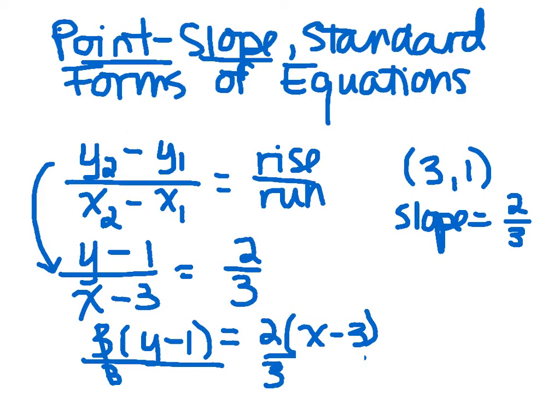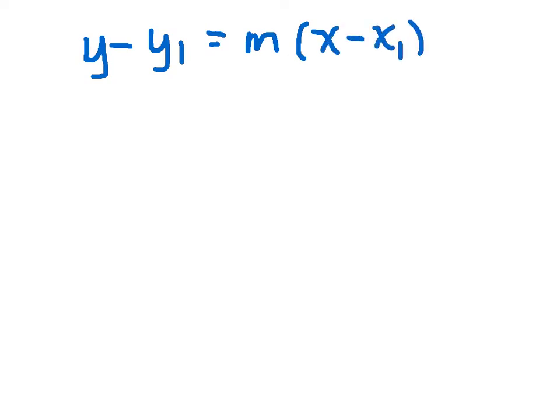So it's any y, the general y, minus the y you're given, is equal to the slope times x minus the x you're given. The general form is y minus y sub 1, that's the y that you're given, is equal to the slope times x minus x sub 1.